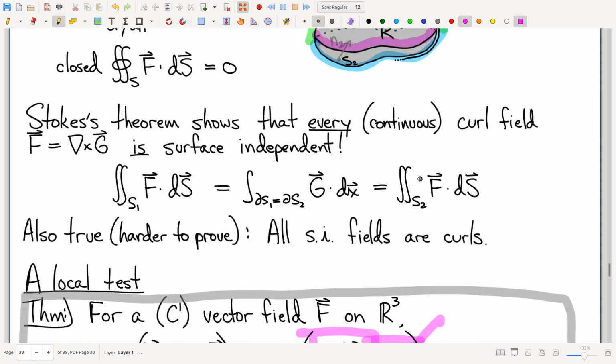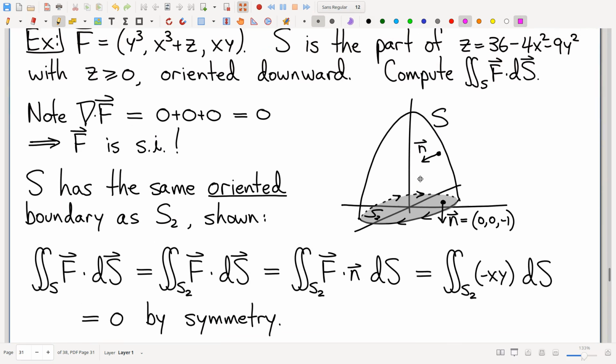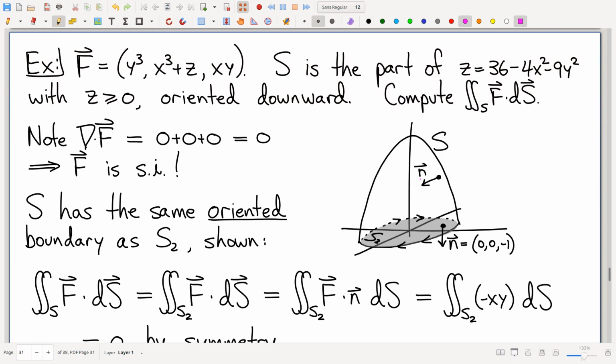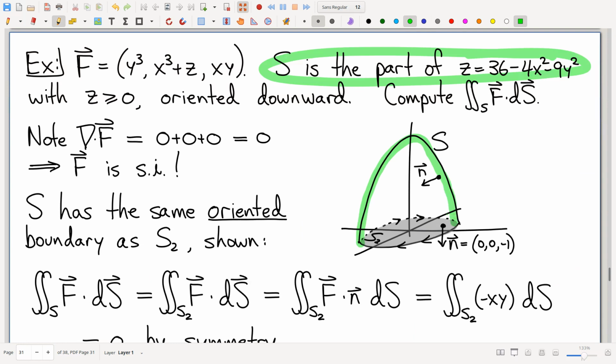So I'm going to have to look back at my picture here. I'm going to have to think about the surface that I'm given. What is its boundary? And then what other surfaces can I think of that have that same boundary?